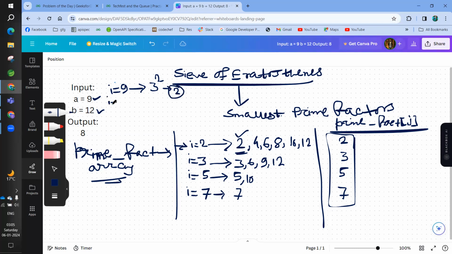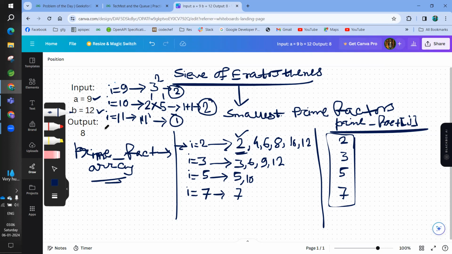Now when i equals 10, this is basically 2 into 5 and the powers are 1 and 1. So we will do the sum of the powers, 1 plus 1, which is also 2. We will add it into the answer. Next, i equals 11. The prime factorization of it is 11 to the power 1, so we will store 1.